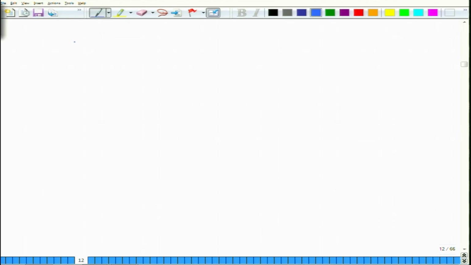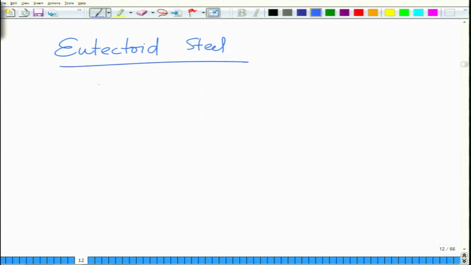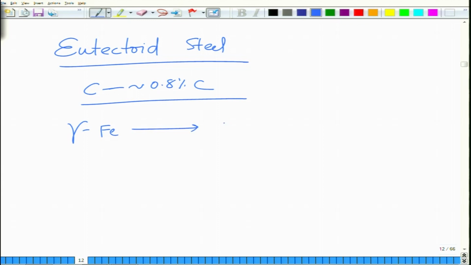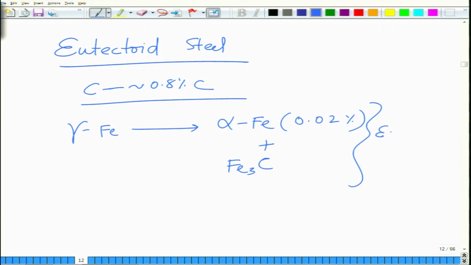Eutectoid steel is the one for which carbon content is in the vicinity of 0.8%. Basically in this, the gamma phase converts into a mixture of alpha Fe, which has a solid solubility of 0.02%, plus Fe3C, and this is a eutectoid mixture. It forms all of a sudden.